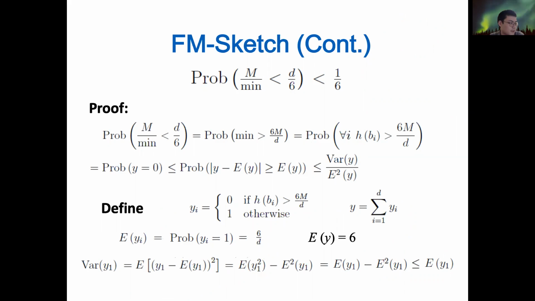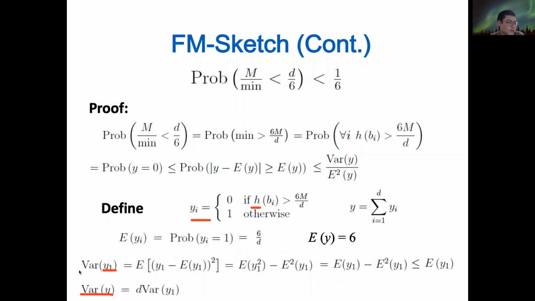So now here, what we proved is this. This is for a particular one. Now we are using the fact that for different Yi's, they are coming from the h function, and we showed that it's pairwise independent. If there's pairwise independence, if you remember, we also have the linearity of variance, which means the variance of Y is equal to variance of Y1, plus variance of Y2, up to variance of Yd.